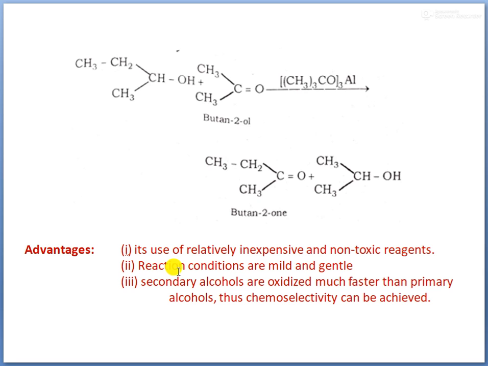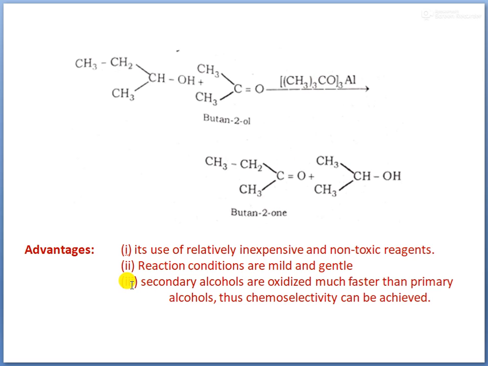Let us see some of the advantages of this type of reaction. Here you see the reaction in your text, a secondary alcohol being oxidized to a ketone using aluminium isopropoxide. The advantage is that it uses relatively inexpensive and non-toxic reagents like this one. The second advantage is that the reaction conditions are very mild and gentle.